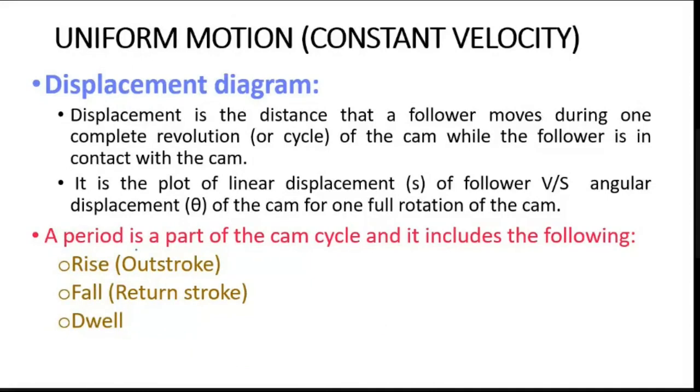you will have these three. One is rise. Rise is when your follower is moving upward. Whenever your follower moves upward, we call that rise. The movement is upward. Fall is when your follower is coming down, due to gravity or spring.